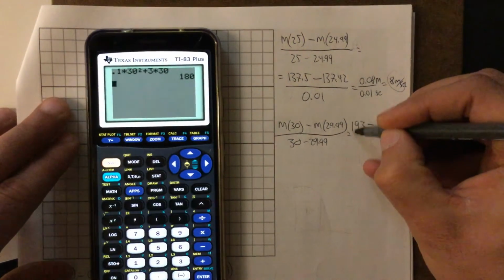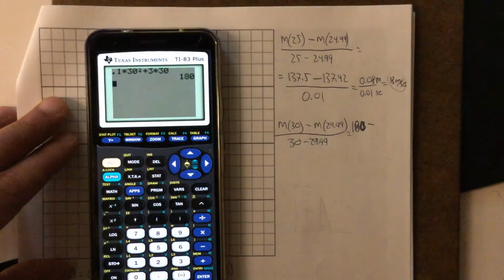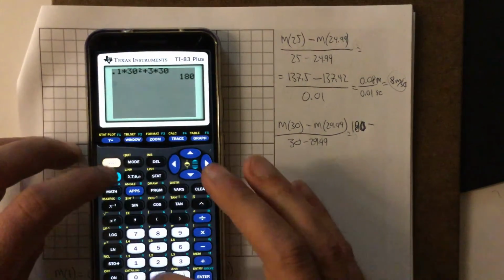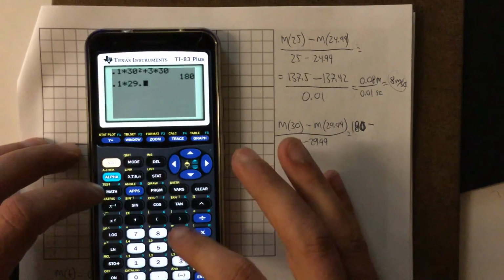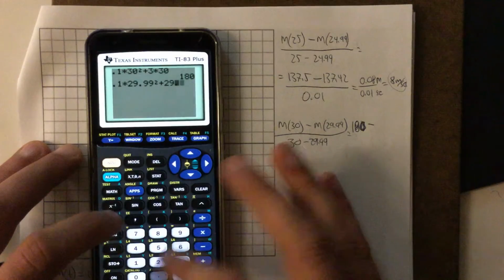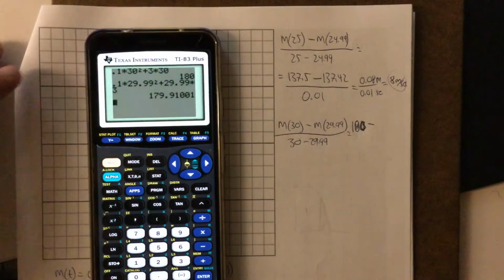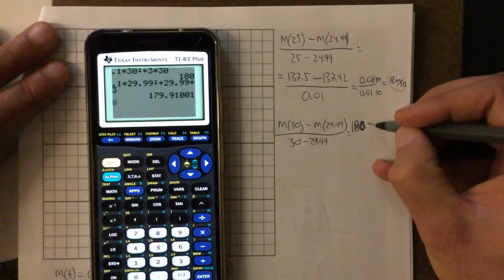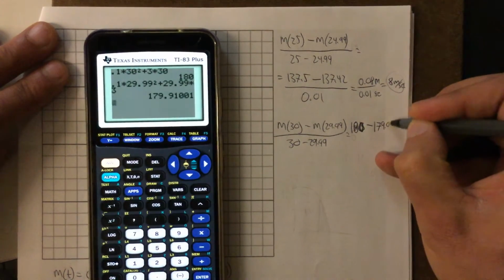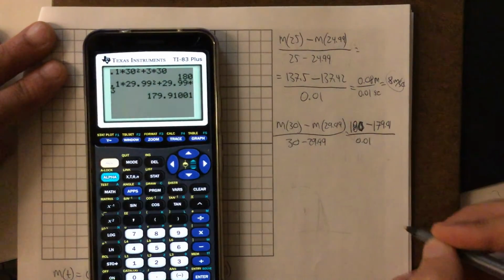180. Then 0.1 times 29.99 squared plus 29.99 times 3, which is 179.91. And then that's divided by 0.01.